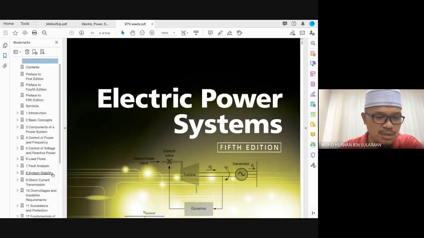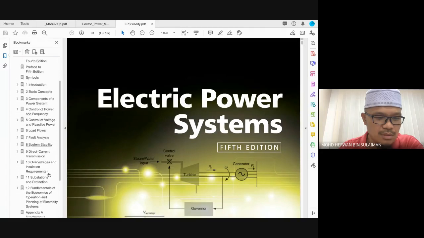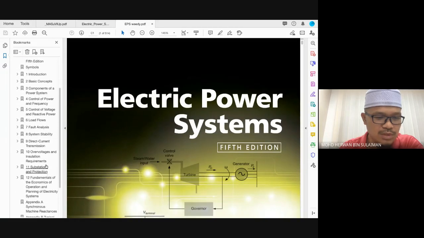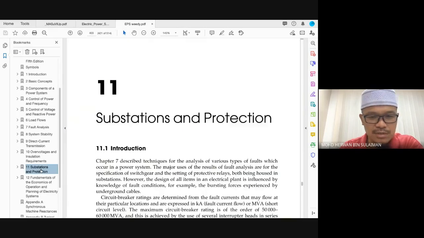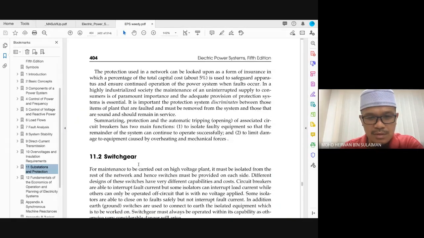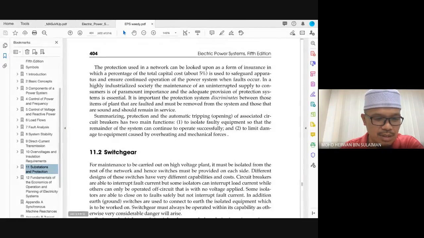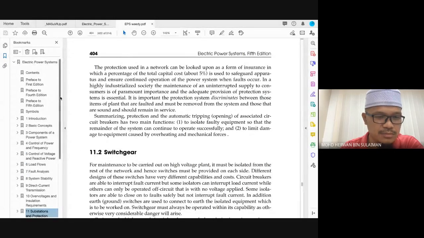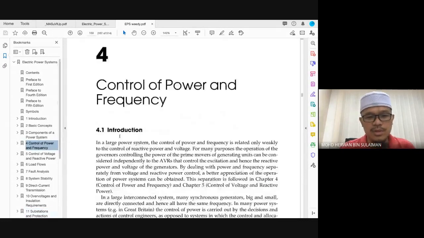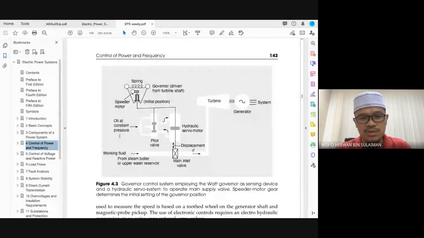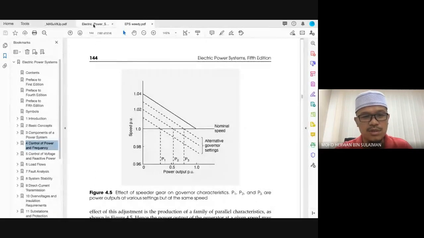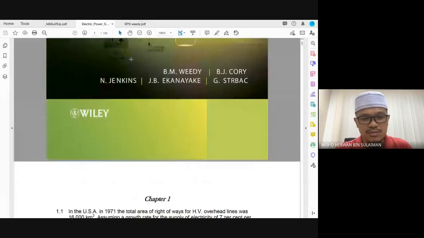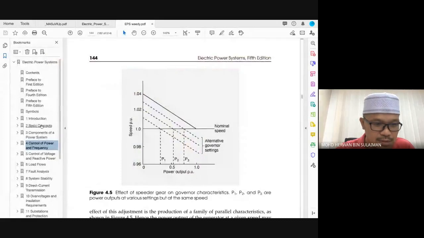System stability, I think, is not covered. I don't know whether you learn about substation, but there's some protection here. So at least three courses are covered by this book. It's a very good book. So my module is mainly referring to these two books. Okay, let's take a look at the example just now. It is chapter 4.